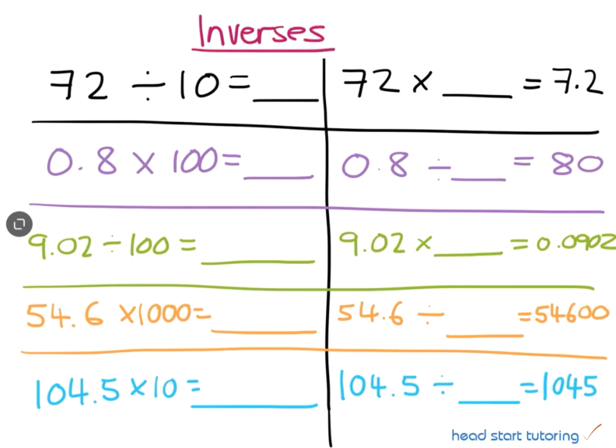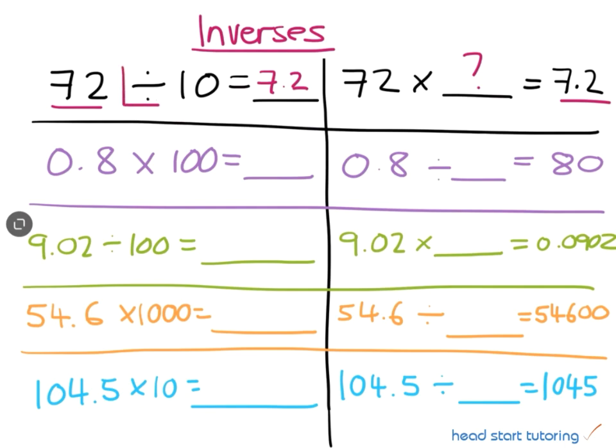We are going to have a look at what we need to divide a certain number by in order to get a certain number, and what we need to times that same number by to get the same answer. So 72 divided by 10 gives us an answer of 7.2. So that same number, 72, multiplied by what will give us that same answer, 7.2?